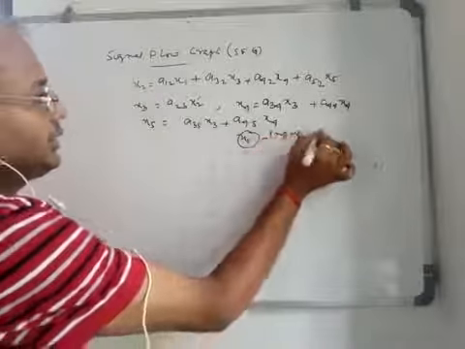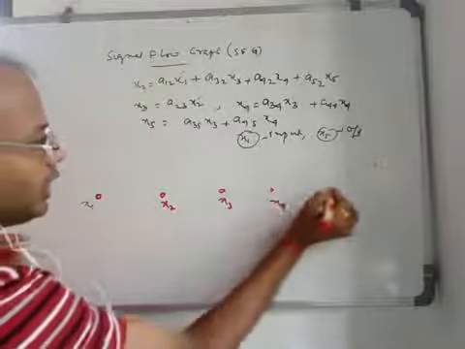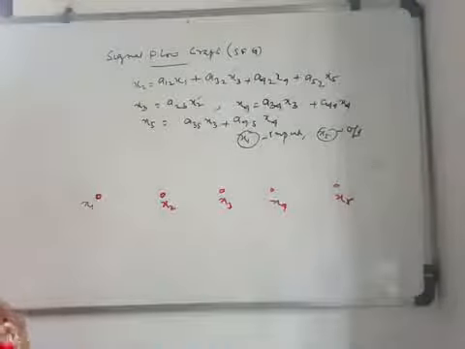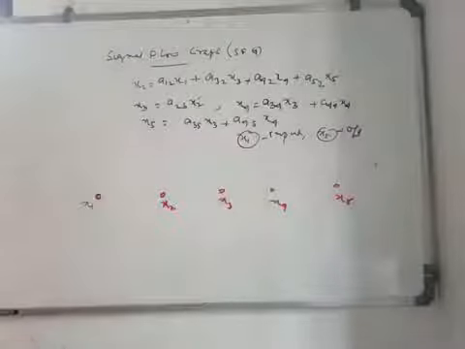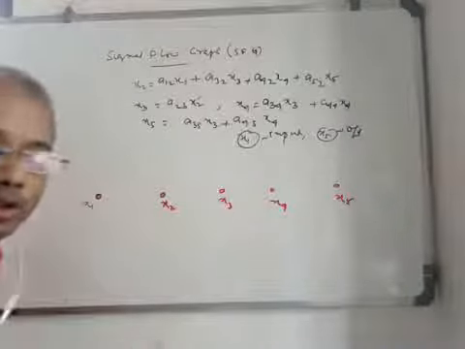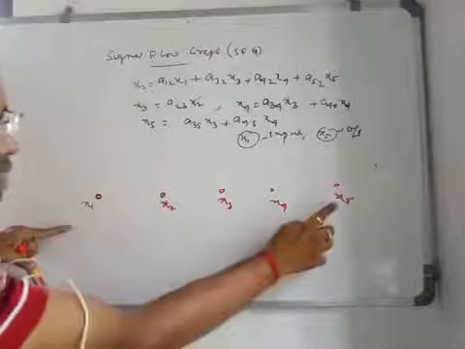So this is x1, and you see there is variable x2 and variable x3, variable x4 and variable x5, right? So these are the five variables, and each variable is treated as one node, and this is your input node, this is your output node.